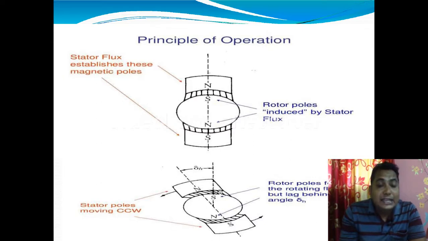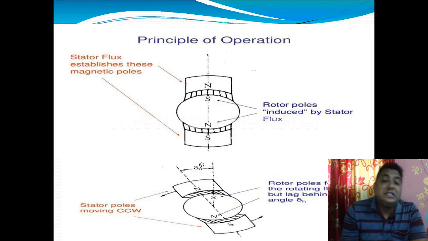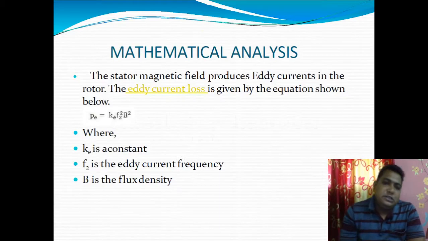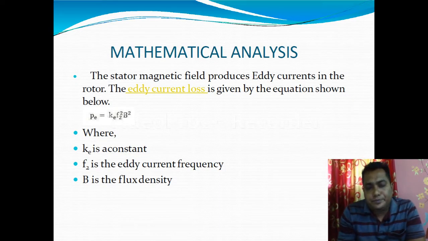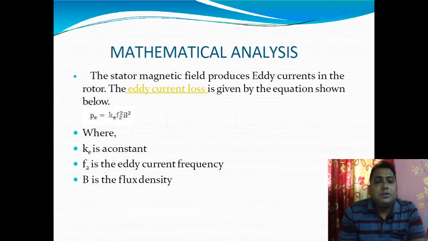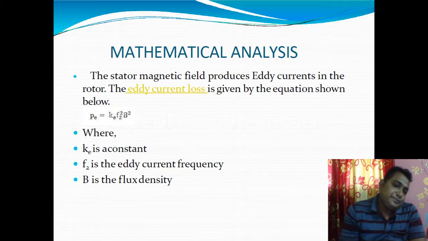There is an angle generated between them, that is delta. This is the hysteresis angle, and depending upon it the speed of the machine is examined.